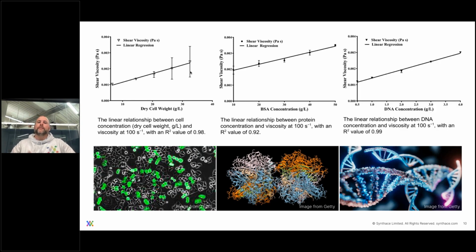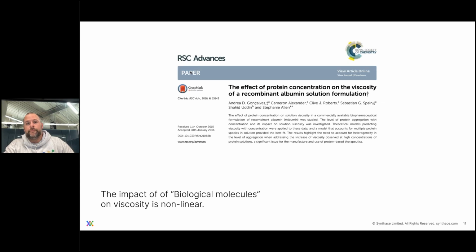And finally, they showed a linear relationship between DNA concentration and viscosity. So in summary, all these different types of biological liquids shown increase the viscosity of a liquid. However, I wanted to show you that this impact is not always linear. It can be a bit more complex. And this complexity can impact our strategies that we might employ to handle biological liquids for an automated protocol.